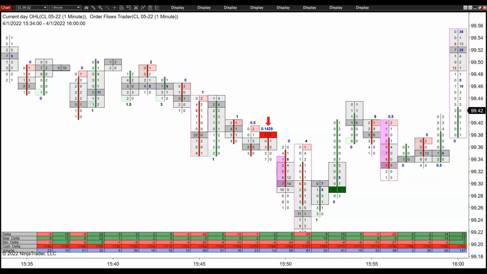I'll also be watching point of controls. How are point of controls appearing after getting into a trade? If point of controls are migrating higher and you're long, that's a good sign. If you're starting to see lower points of controls, price and volume going lower, then that leads into what's happening in the value areas.